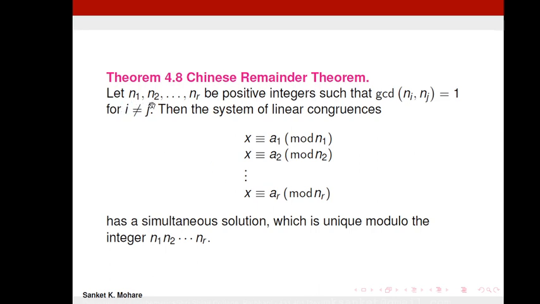Let n1, n2, ..., nr be positive integers such that the greatest common divisor of ni and nj is equal to 1 for i not equal to j.